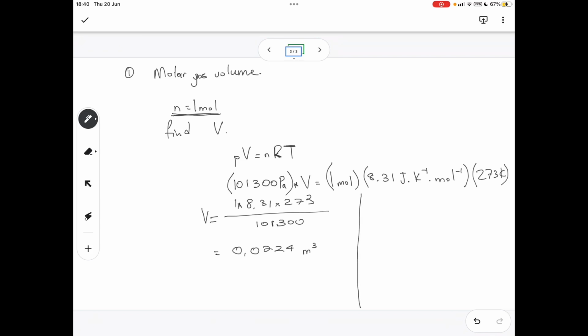And this is because, let's just analyze the dimensions. It's 1 mole times joules per Kelvin mole times Kelvin, and then this is divided by Newton per square meter. There's a missing dimension.